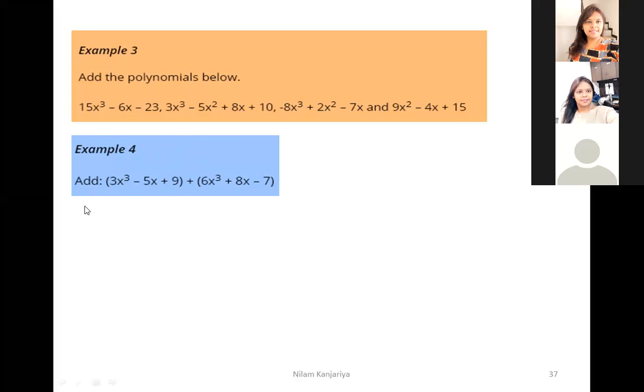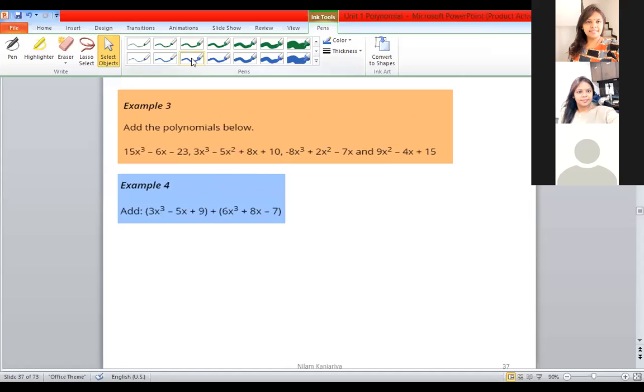Sir, madam. Yes, yes. Good morning. Very good morning. You first open the brackets and arrange the polynomials. Yes, I've opened the bracket. Now what is the next step?